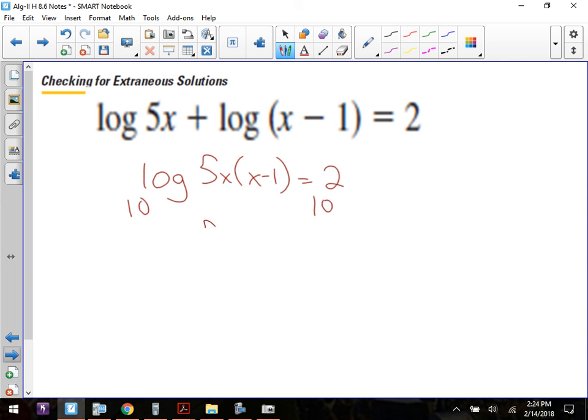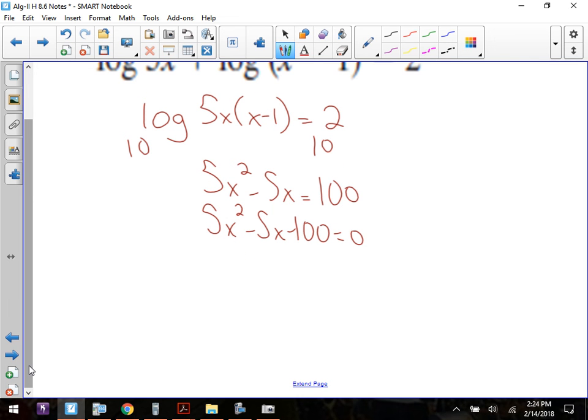So I get 5x squared minus 5x equals 100. Now I'm just getting rid of my GCF, and I get x squared minus x minus 20.